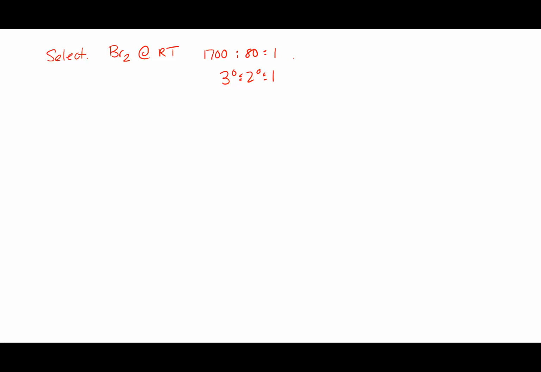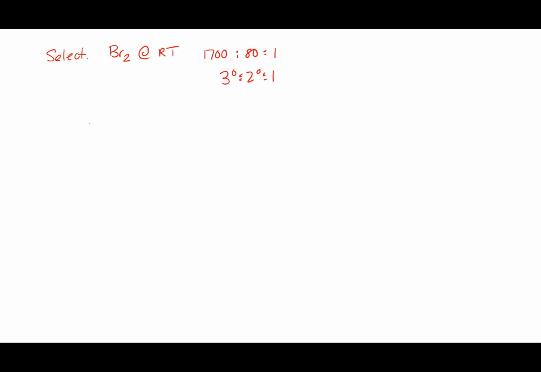And the interpretation of that is that I can form a tertiary radical 1700 times faster in bromination than I can a primary radical. Now let's apply these numbers to that same reaction we just did, and then we have to talk about why the numbers are different.